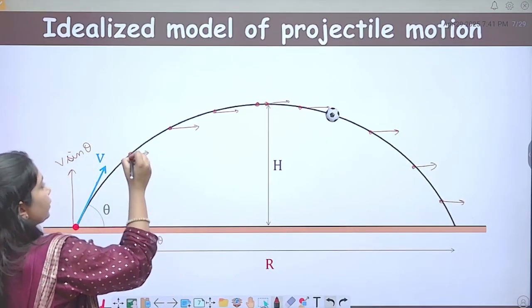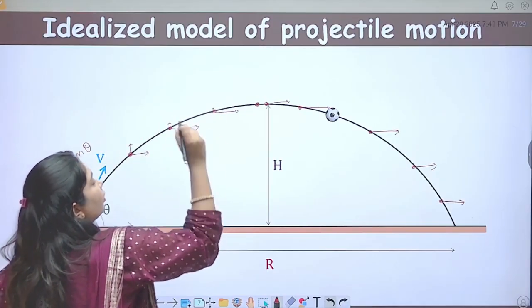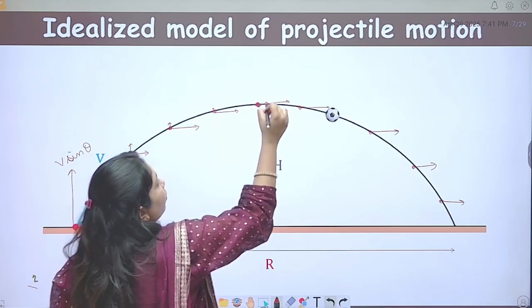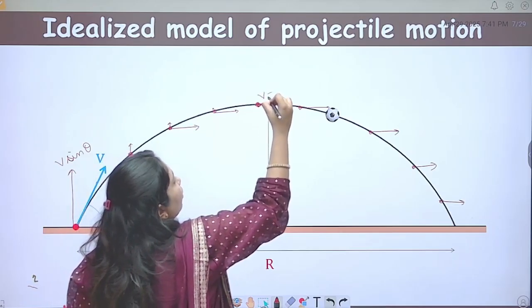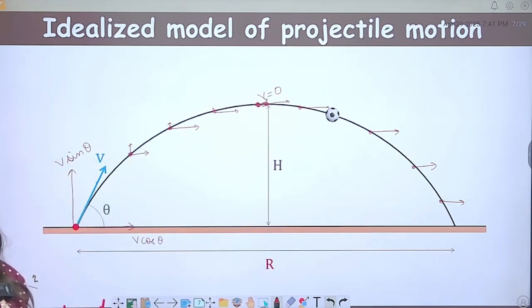It first decreases, becomes 0 at the maximum point.